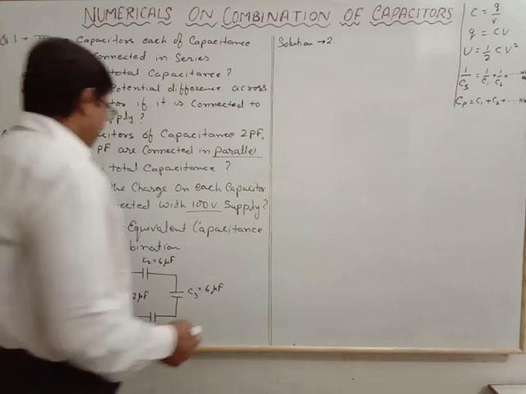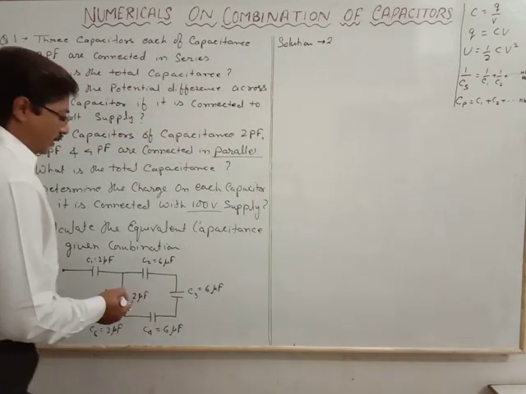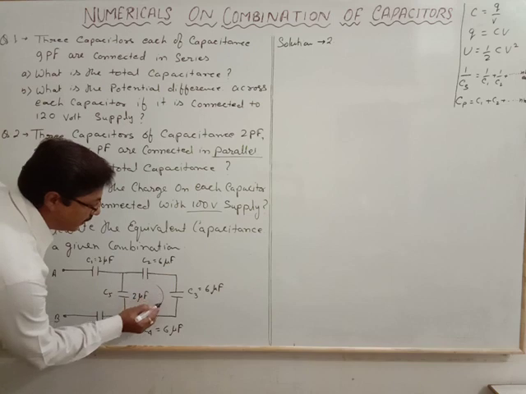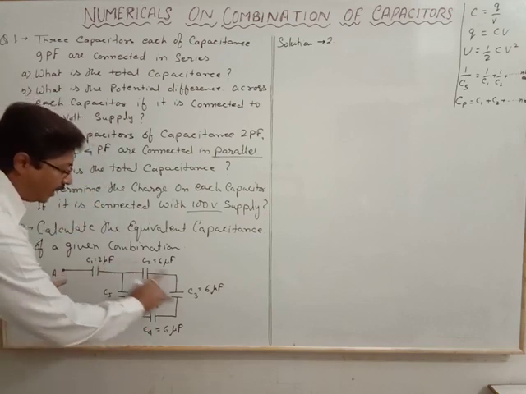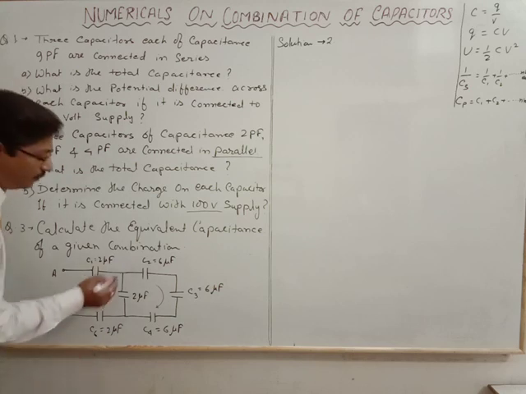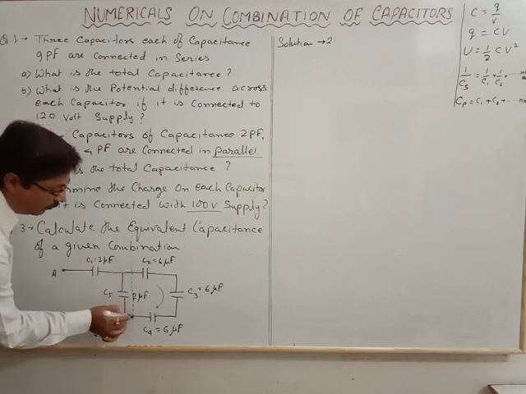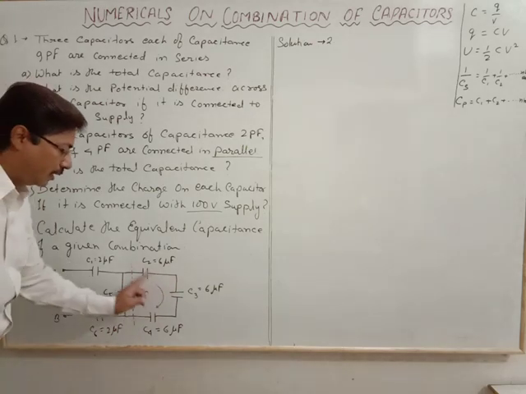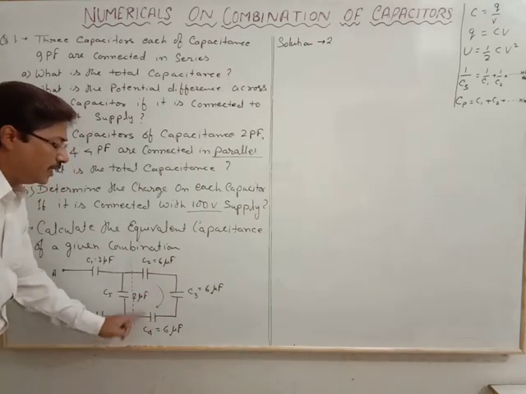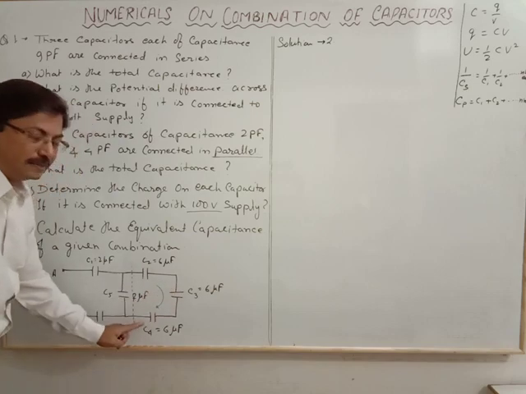Now, to understand this one, first of all, see here, it is a series combination. We cannot calculate all the capacitors together. We have to make a part, and one part that appears here has 3 capacitors connected in series.